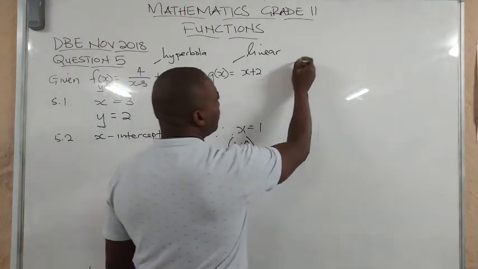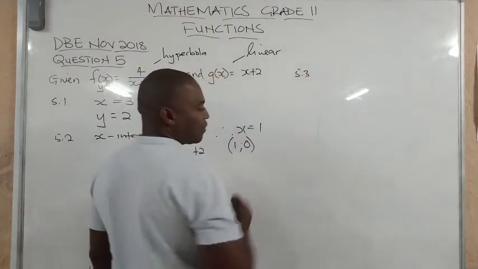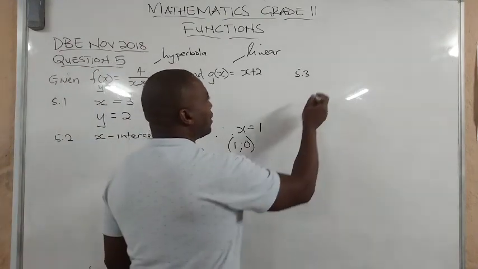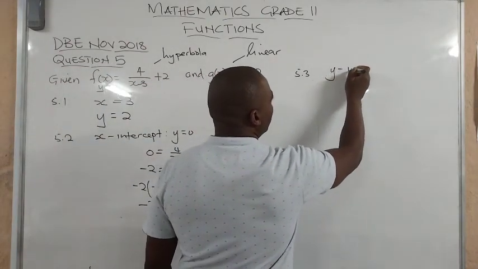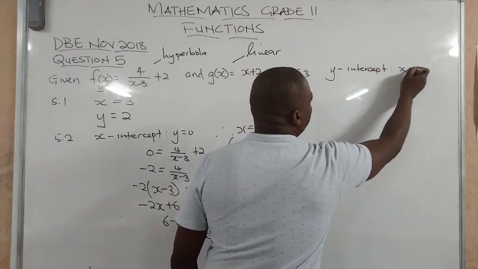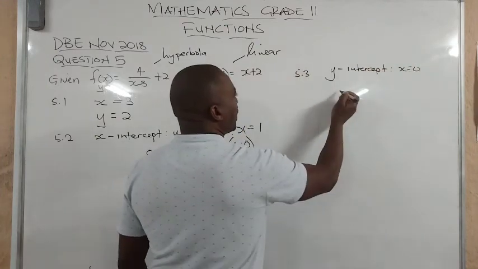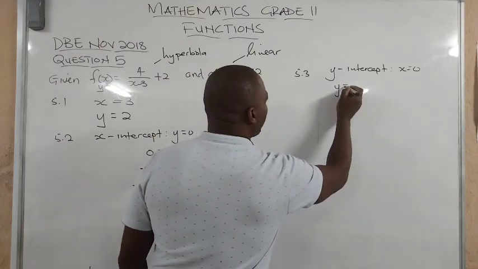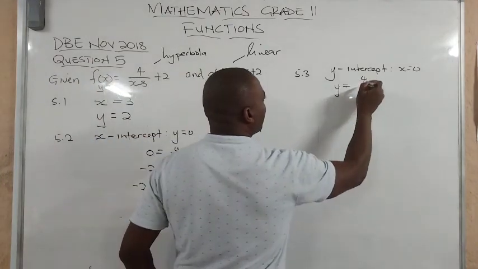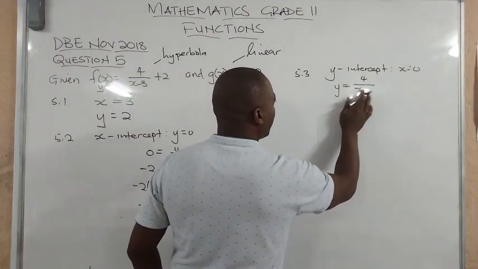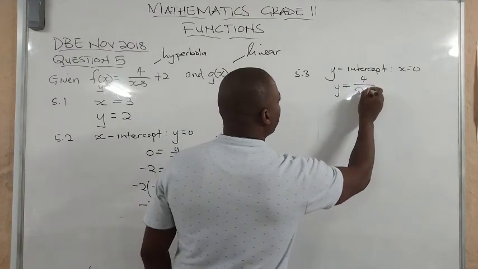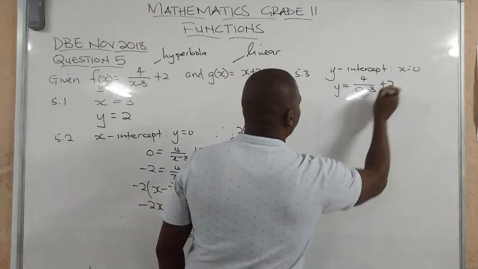5.3. Determine the y-intercept. The y-intercept comes when x is equal to 0. So we are saying our y, which is f of x, is equal to 4 over, where there is x we put 0, that is 0 minus 3, plus 2.